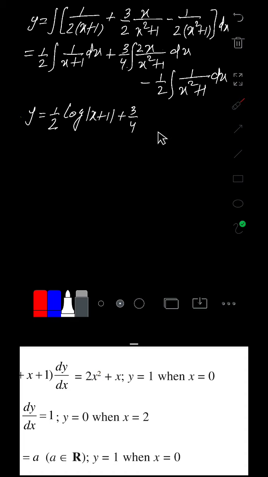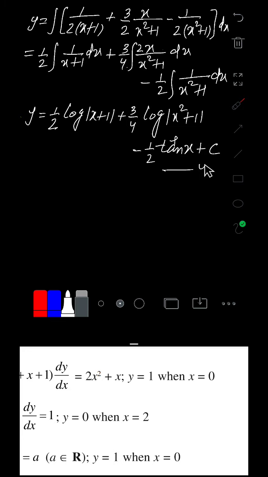After that, if we replace u by the substitution x square plus 1 equal to u, then we get log mod x square plus 1. So directly we may write it as log mod x square plus 1, and after that the third term is minus half, and the integral of 1 upon x square plus 1 is obviously tan inverse x, and then plus c.